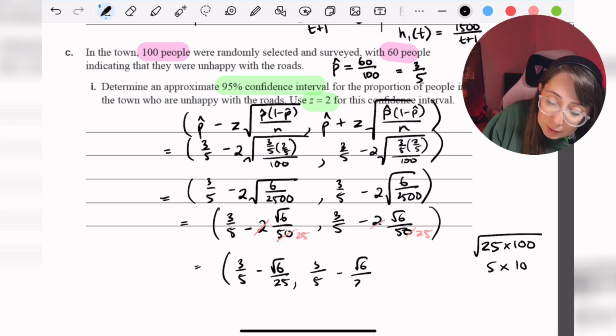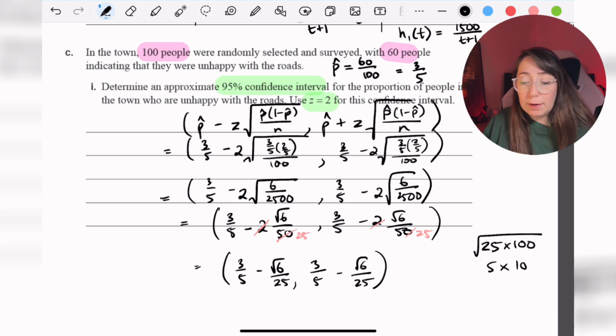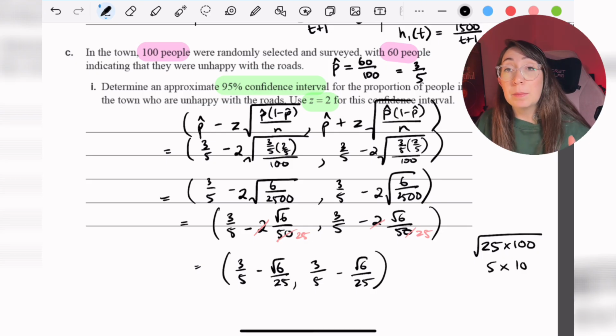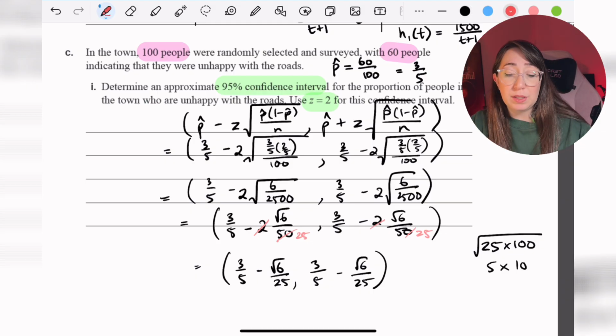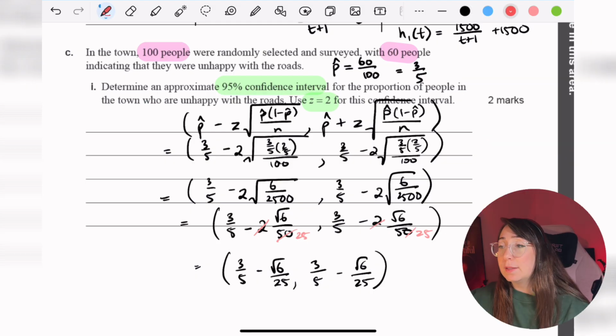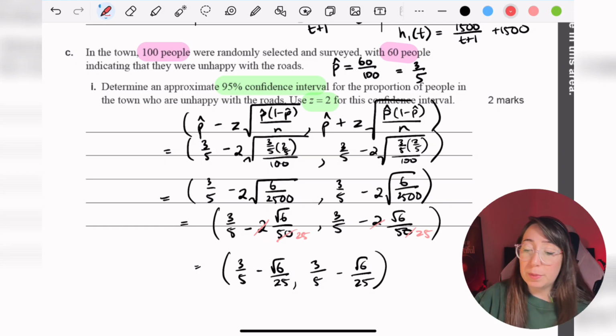Now you can put this all on one fraction if you like for both of the sides. You might have used decimals from the beginning. That's completely fine. The examiners noted that it didn't matter how you got to the answer or what the answer looked like, as long as it was equivalent. According to the examiners' report, 44% of students were able to get full marks for this question.